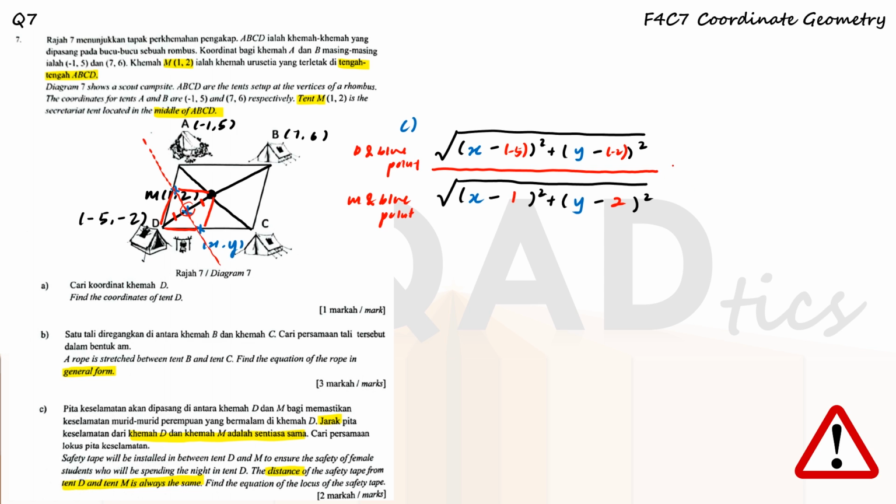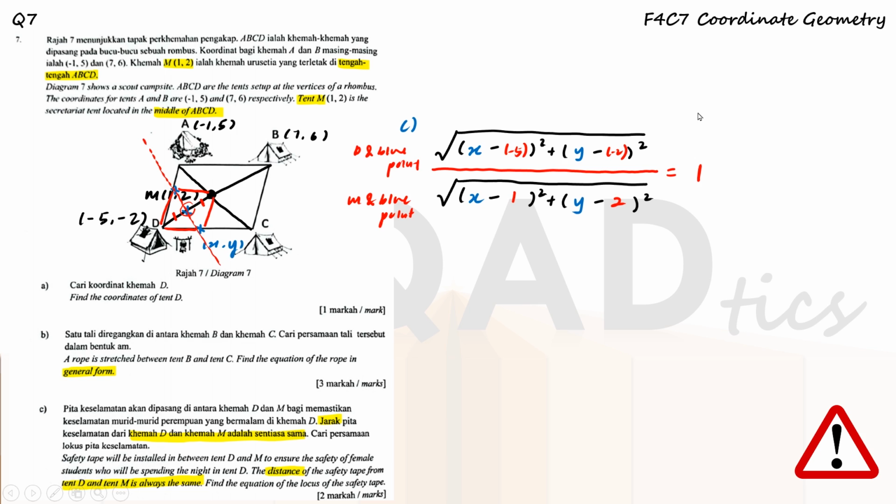So if these two are divided, the value would become 1, correct? Because if we divide them, both would have the same value, since the distance between these 2 points is always the same.